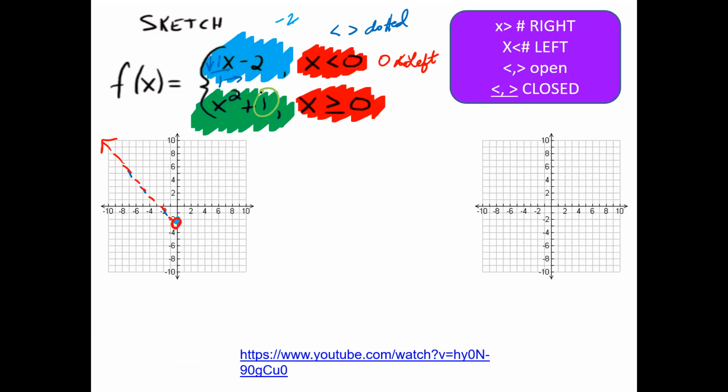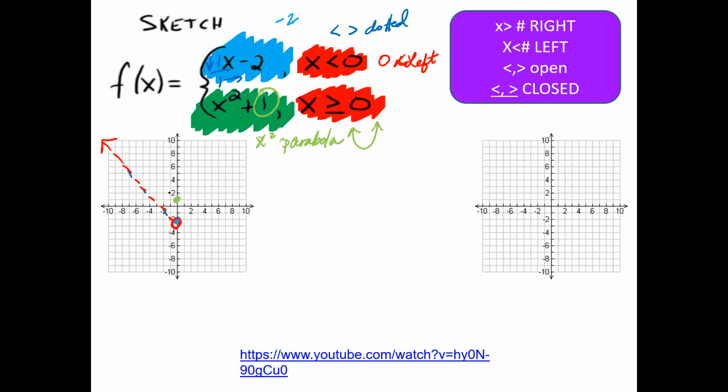All right, next one, I'm going to start at 1. So here's 1. Then x squared is always going to be in the shape of a parabola. So a parabola, which is going to be like a smiley face.